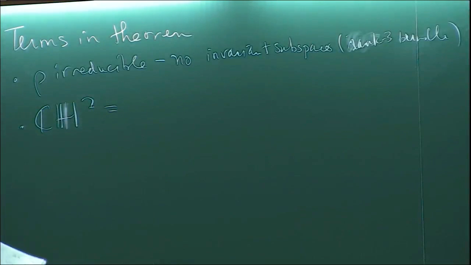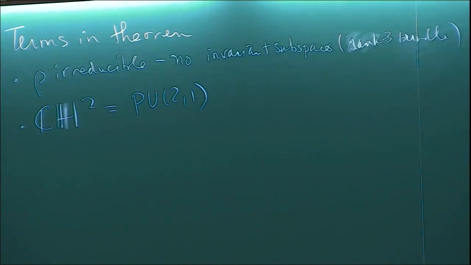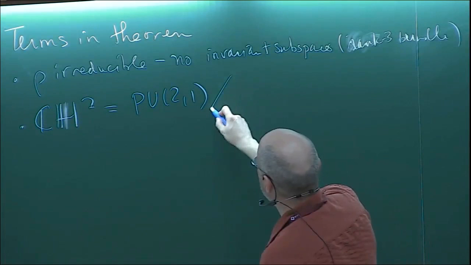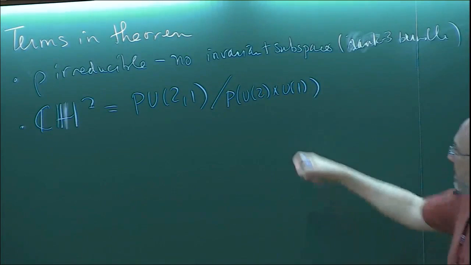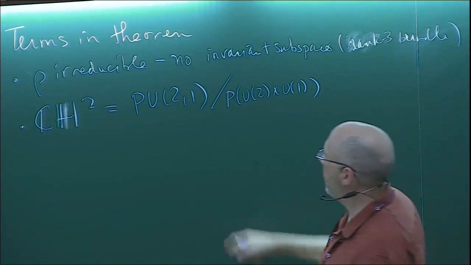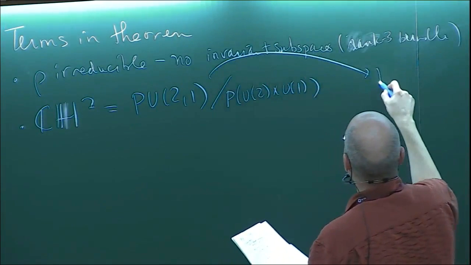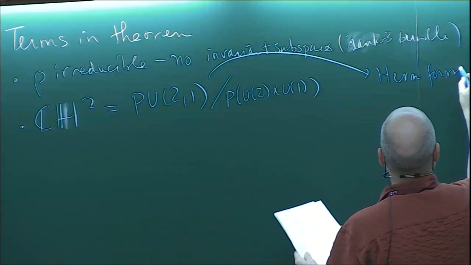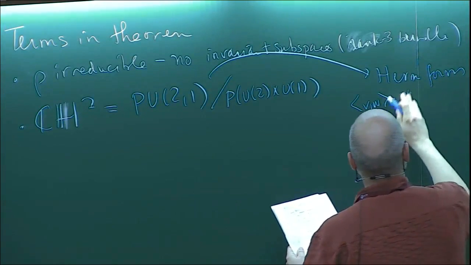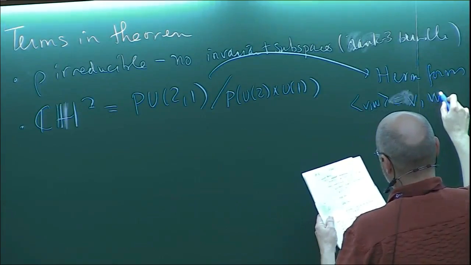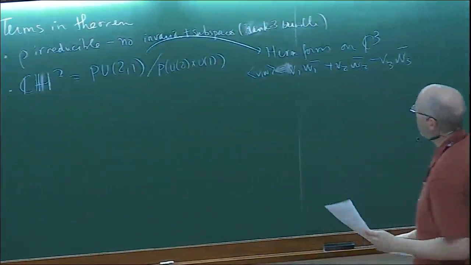So CH2, from this point of view, you can think of as a symmetric space. PU(2,1) is a real group, and this is the symmetric space obtained by modding out by the natural compact subgroup, which maybe the nicest way to think about is P(U(2) × U(1)). U(2,1) is the group preserving a Hermitian form of signature (2,1) on C^3, say v1 w1 bar plus v2 w2 bar minus v3 w3 bar.